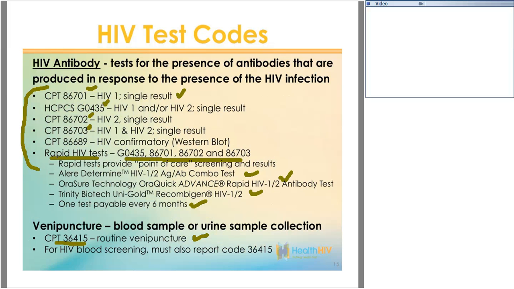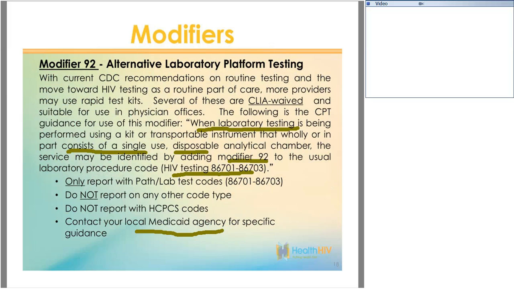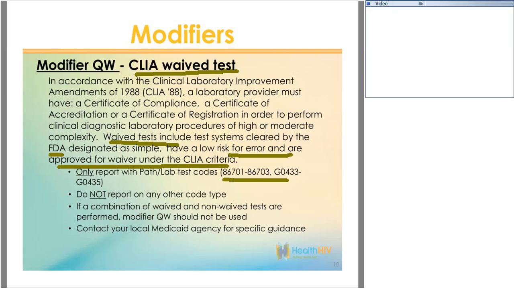But again, in terms of the reimbursement criteria, you want to make sure that you follow up with your local state Medicaid agency, because they have the specific guidelines and criteria in place for the modifiers that you should be using in your facilities for the services that you're performing. It is inappropriate for you to bundle and use Modifier 92 and Modifier QW together.